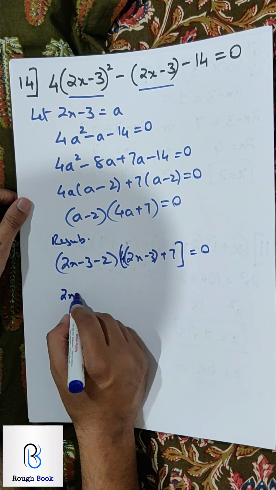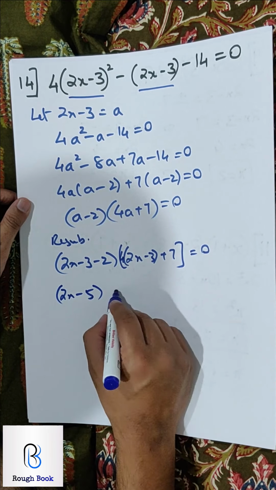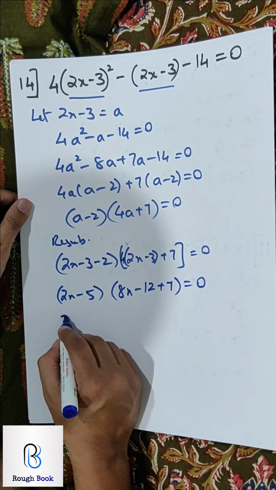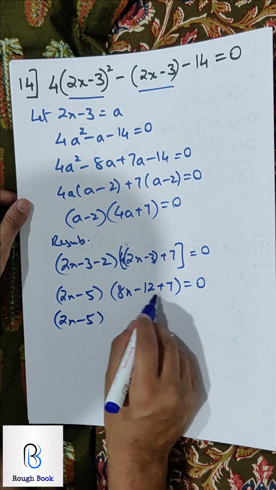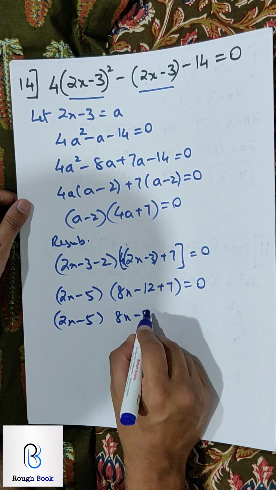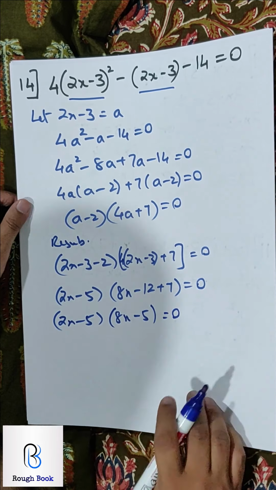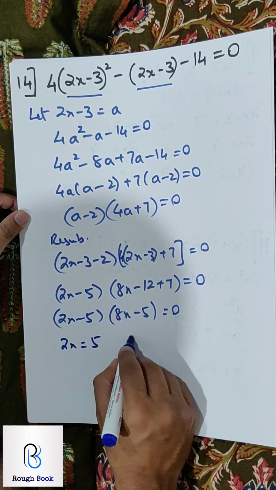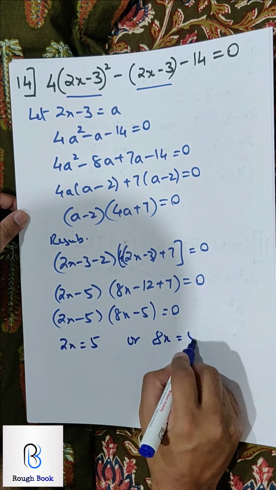So here I will get 2x minus 5 and here I will get 8x minus 12 plus 7. So that will be 2x minus 5, 8x minus 5 again. 7 plus 5, 12. So this will be 2x equals 5 or 8x equals 5.